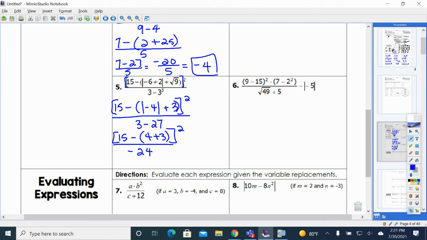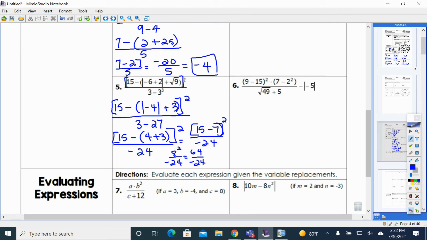I've already said that 4 plus 3 is 7, and I'm quickly running out of room. So inside here, I've got 15 minus 7, and that's going to be squared over the negative 24. 15 minus 7 is 8, and 8 squared is 64 over negative 24.